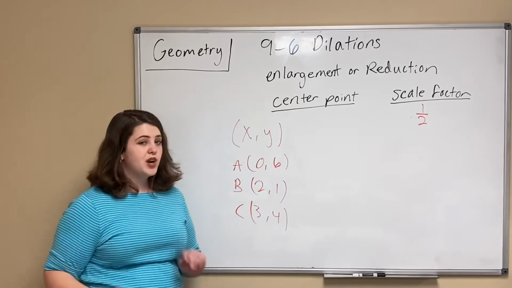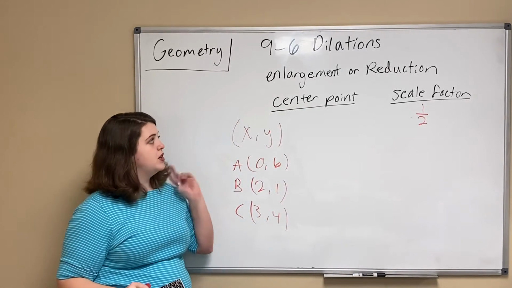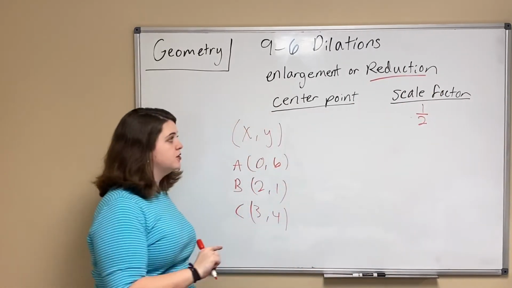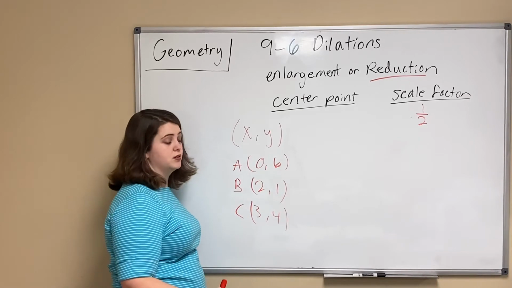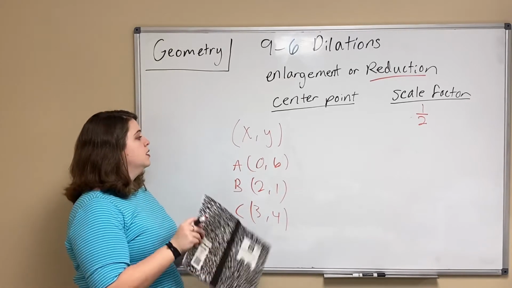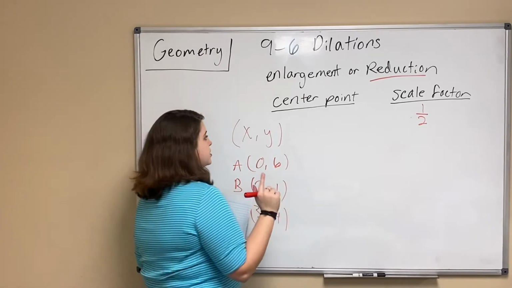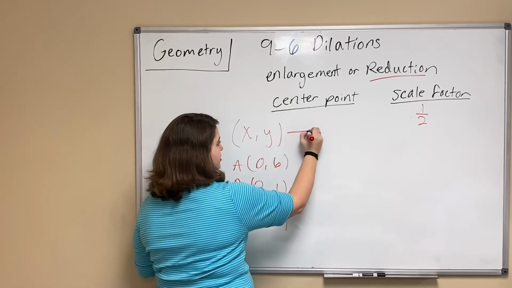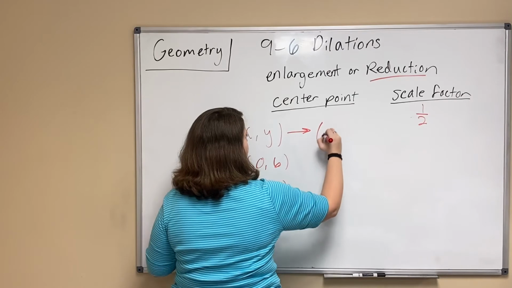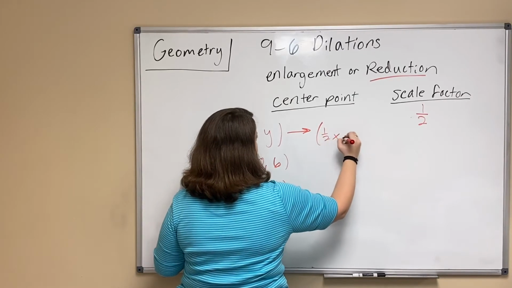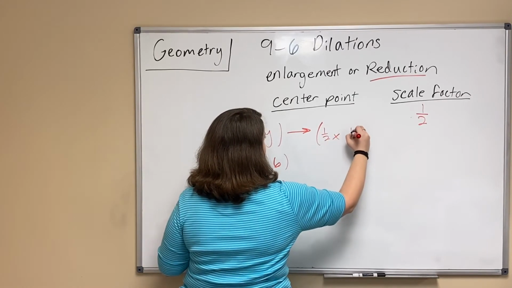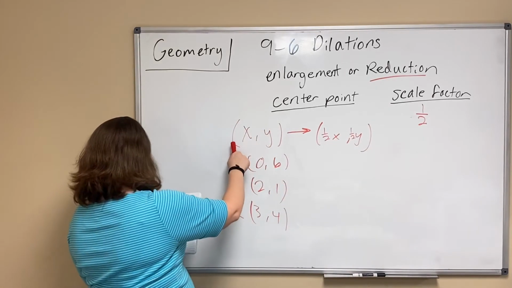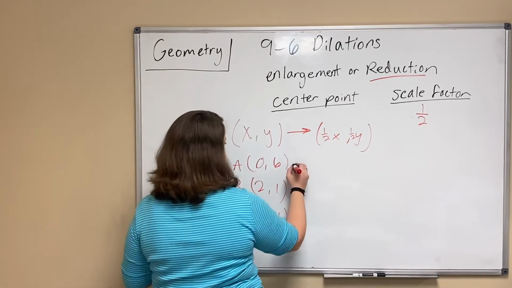Since our scale factor is a fraction, we know that this is going to be a reduction, so our final shape should look smaller than our original shape. What we're going to do is take our points and multiply each of them by 1/2. So our x and y are going to become 1/2 x, 1/2 y.